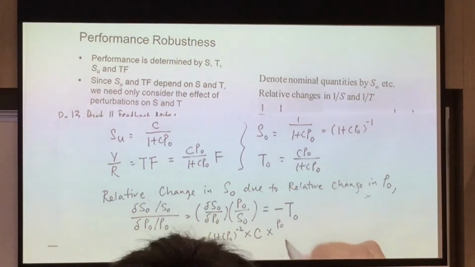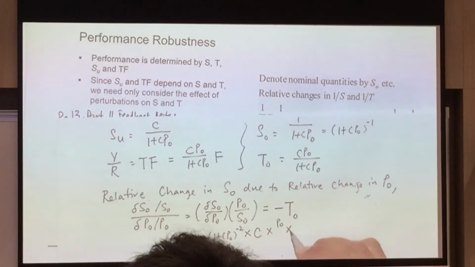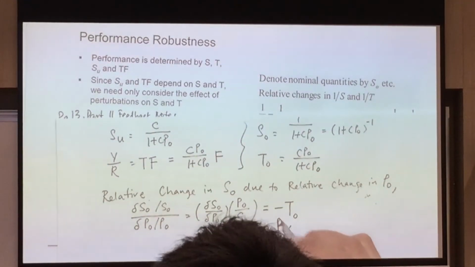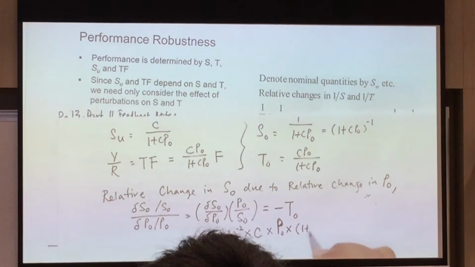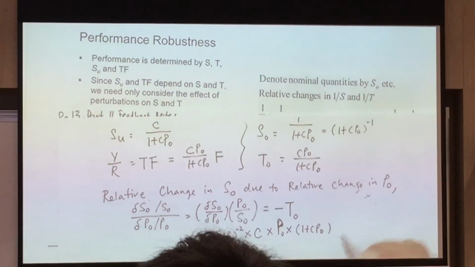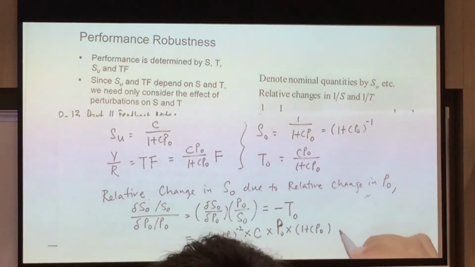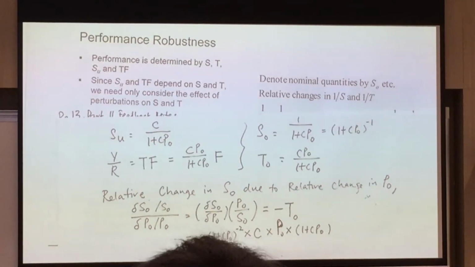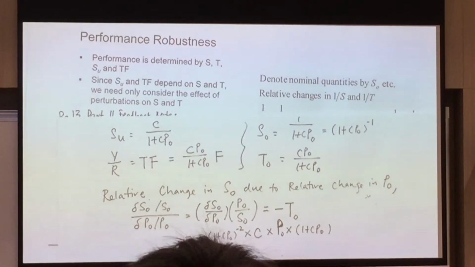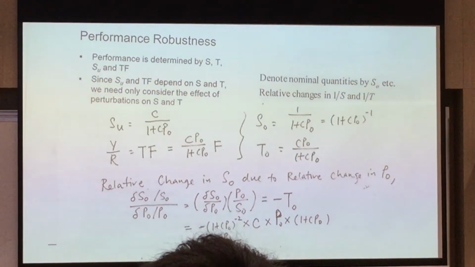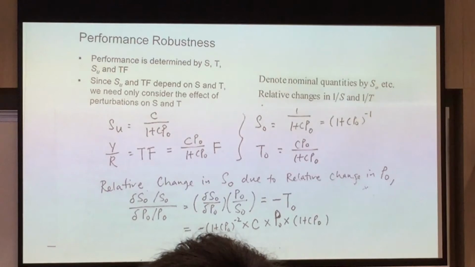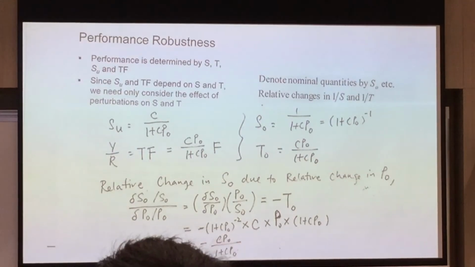And S naught is this, so you multiply by P naught, 1 plus C... and you end up with Cp naught over 1 plus Cp. So this is exactly minus P naught.